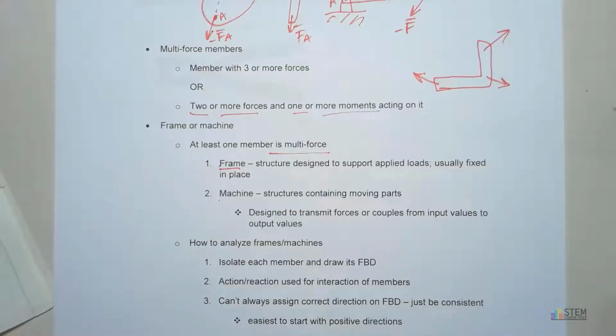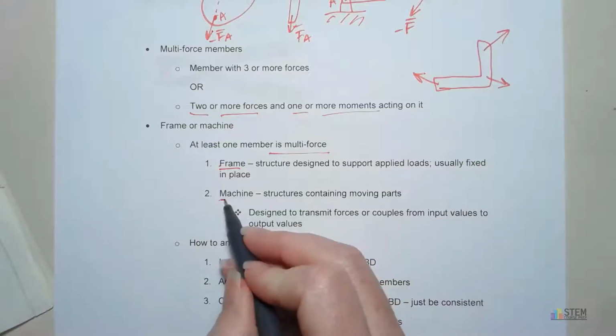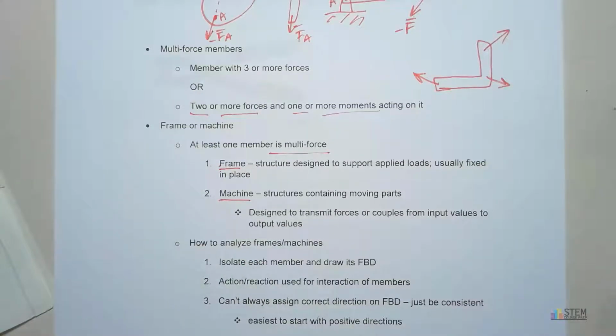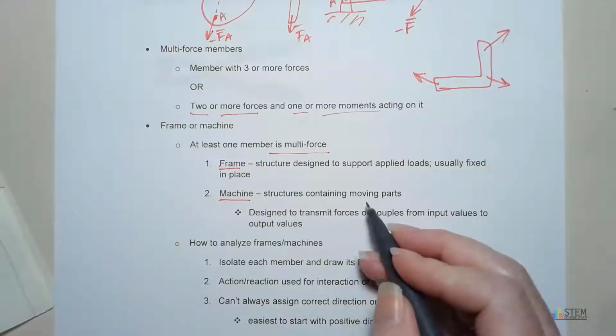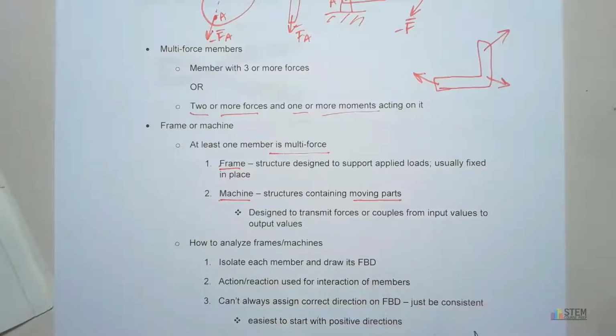And typically when we think of a frame, we think about a structure that is fixed in place. All right, so it's not going to move. There's no movement, it's just fixed. A machine, on the other hand, it's still a structure, but this is going to contain moving parts. And the purpose of those moving parts is to transmit forces or couples from input values to output values. Okay? And we'll talk about this more when we do our first example.